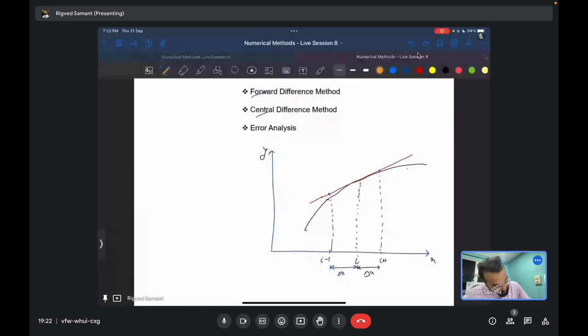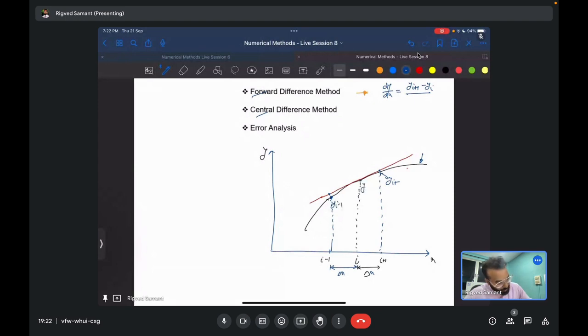In forward difference, dy by dx becomes yi plus 1 minus yi, divided by delta x, that is xi plus 1 minus xi. So this is your yi, this is yi plus 1, and this is your yi minus 1.